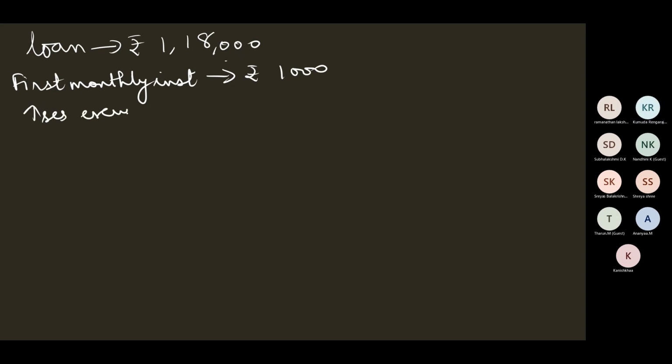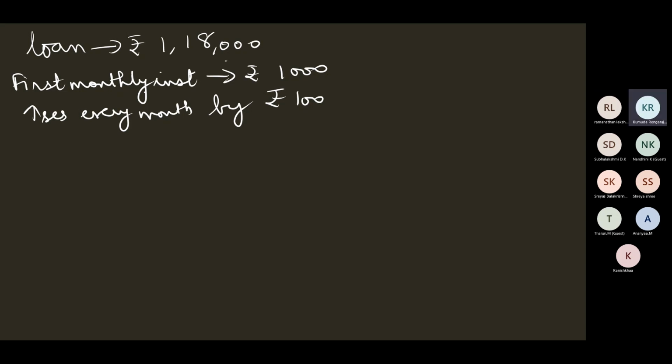That is, he increases the installment paid every month by rupees 100. First month he pays 1,000. Then he increases the amount of the installment by 100 every month.